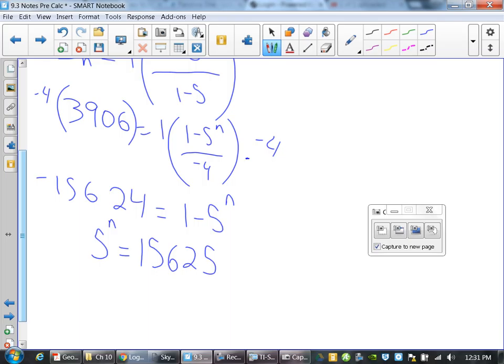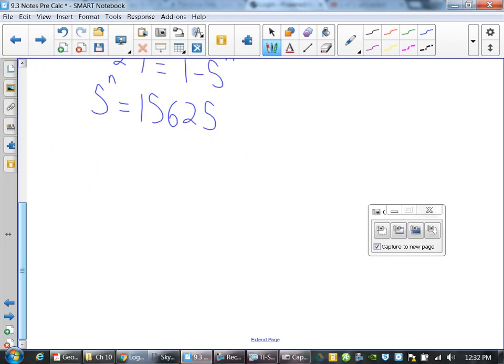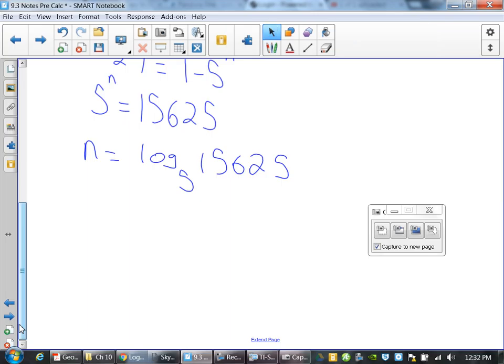And now, how do we get exponents to fall? Log base 5. So you take log base 5 on both sides. Where's the log? It's right above the 10 to the power.